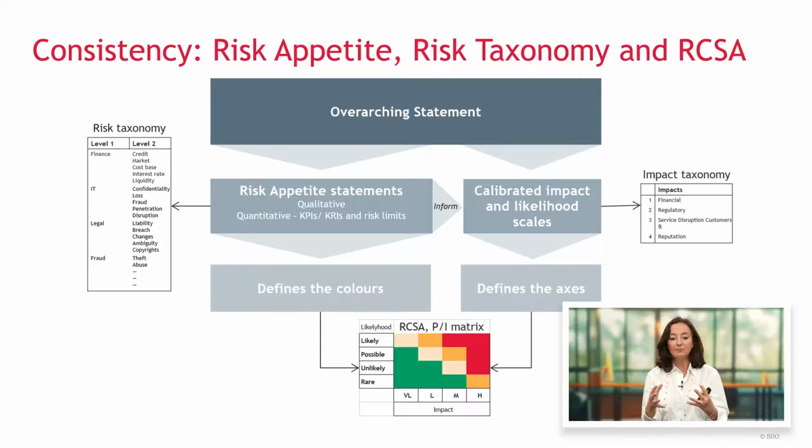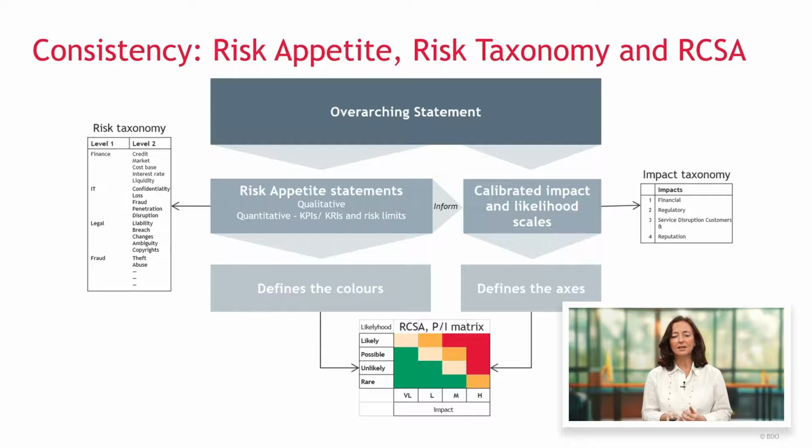And then you have the axis in likelihood and impact that translates what's high, medium, low, both in frequency and severity, and also the colors, the red, amber, green, or red, amber, yellow, and green that align to risk appetite, which we also covered in a video.